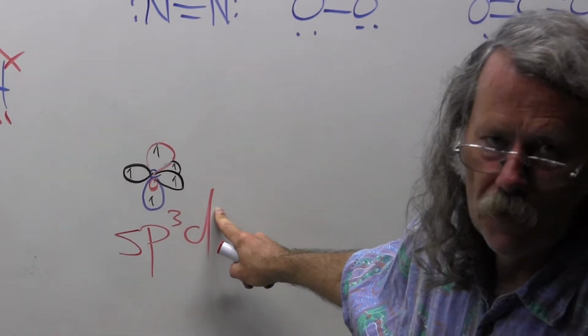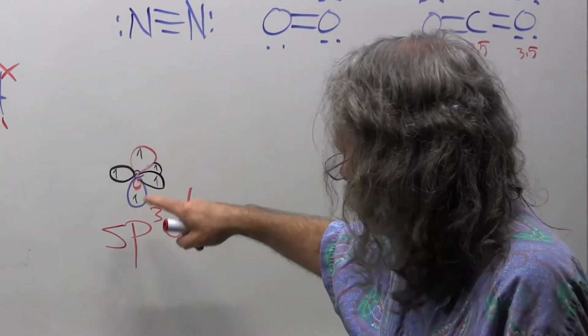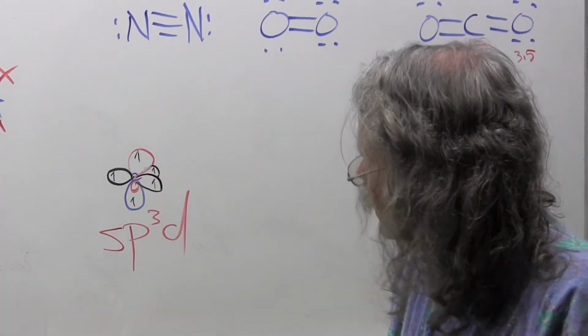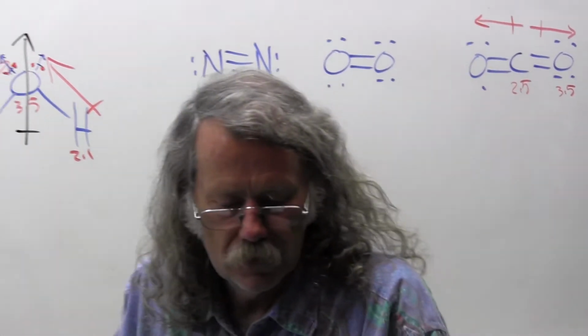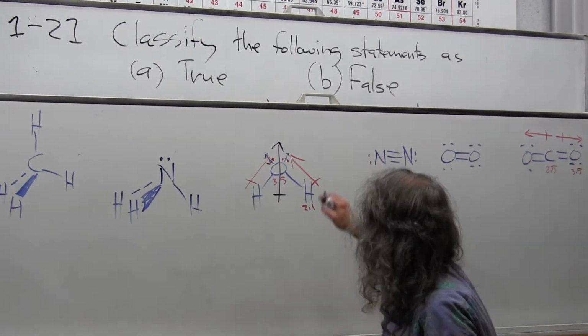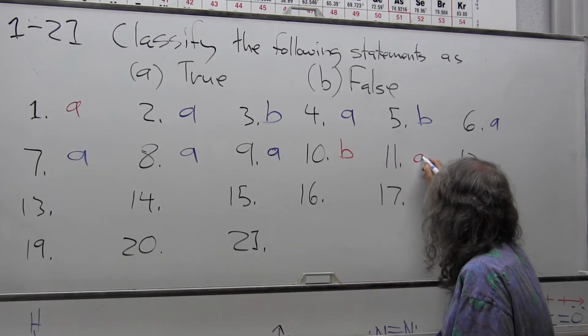So the number of orbitals that mix together has to match the number of orbitals in the resulting hybrid. So sp3d, yes, is indeed required. That is number 11. That is true.